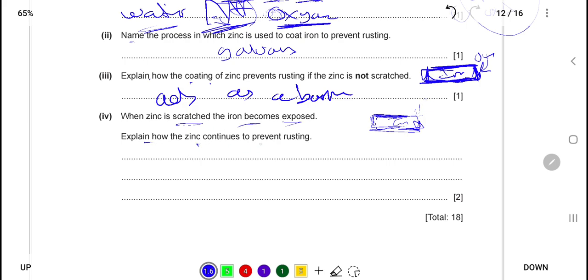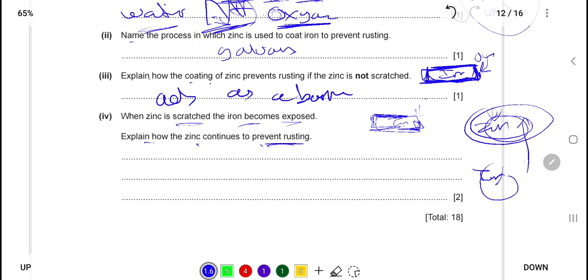Explain how zinc continues to prevent rusting. Since zinc is higher in the reactivity series than iron, it will lose electrons, since metals lose electrons forming positive ions. So zinc will react instead of iron because it's more reactive.